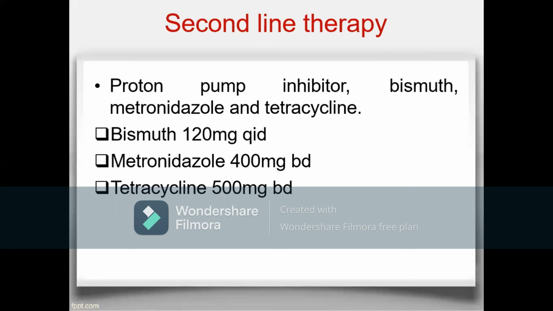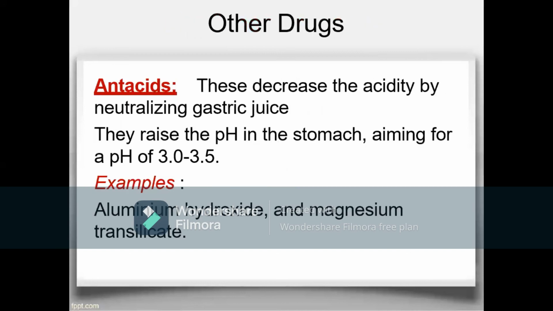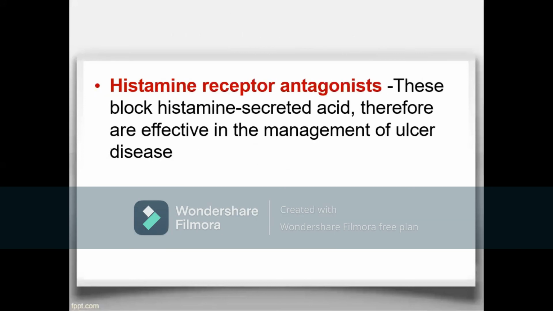Then second line therapy would include bismuth, 120 milligrams, 4 times daily, metronidazole twice, tetracycline. Then the other antacids that would be very important to add would be magnesium trisilicate, which is chewable, but of course with a precaution that it may just lead to constipation.